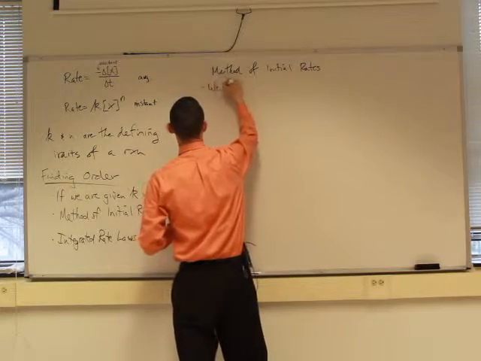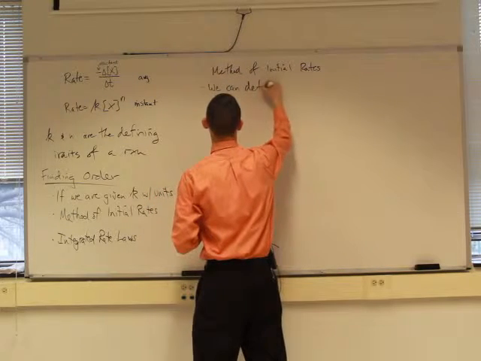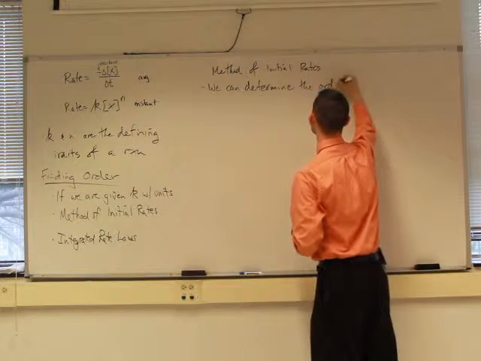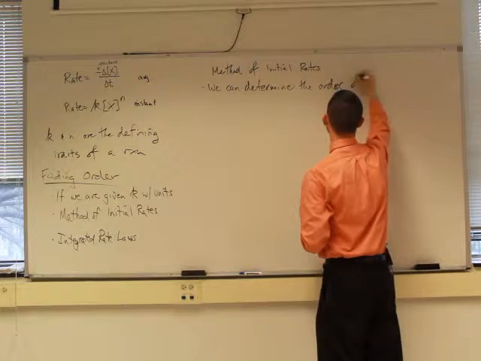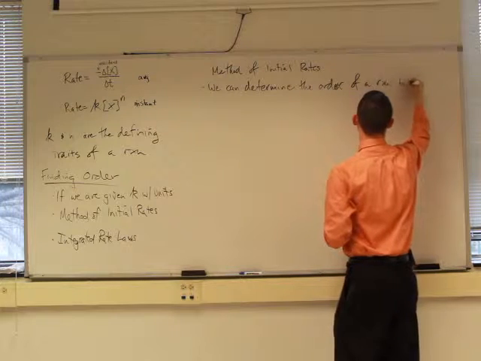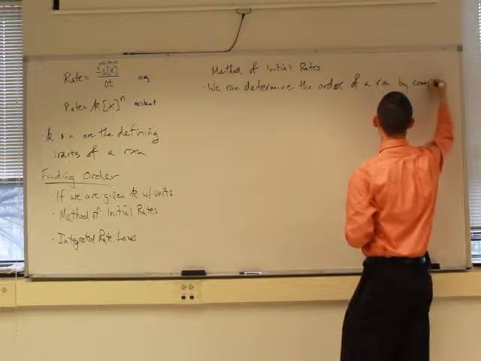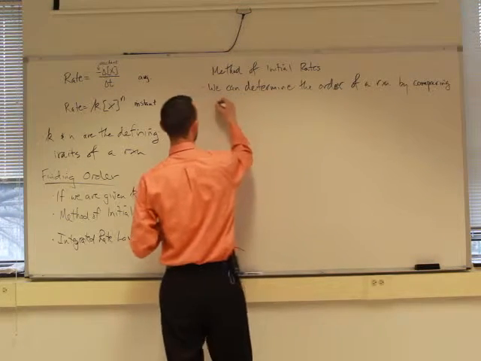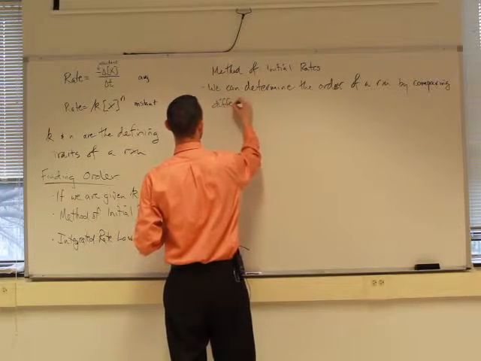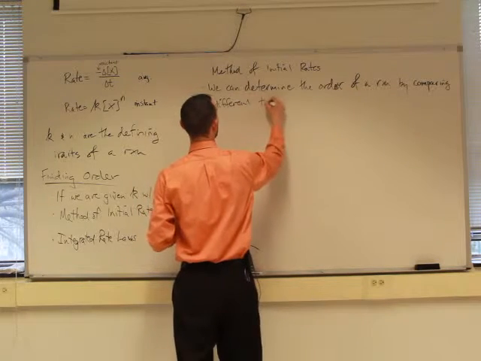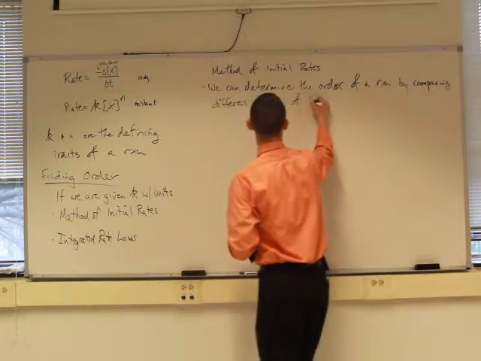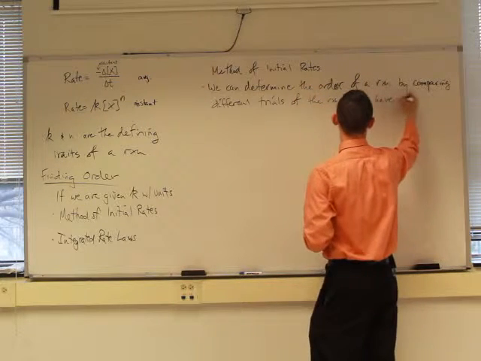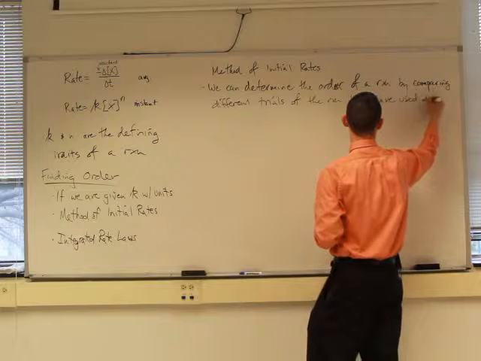We can determine the order of a reaction by comparing different trials of the reaction that have used different concentrations.